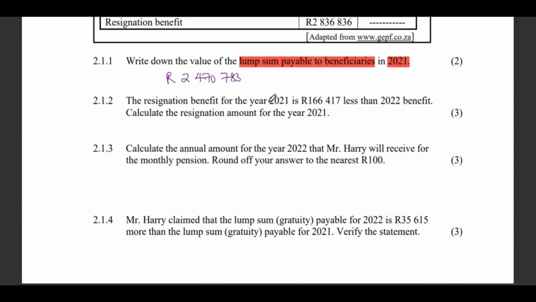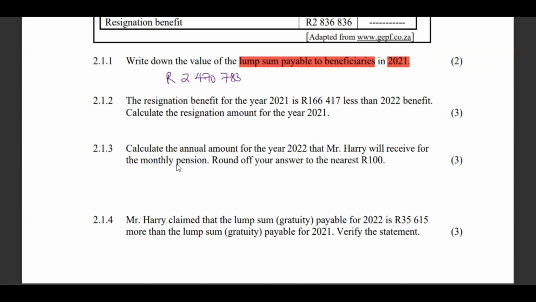The resignation benefit for the year 2021 is 166,417 less than the 2022 benefit. Can I get the resignation amount for the year 2021? They are saying the amount in 2021 is less than 2022.